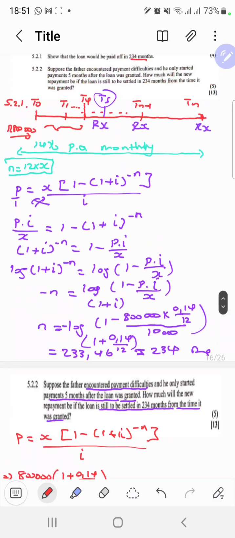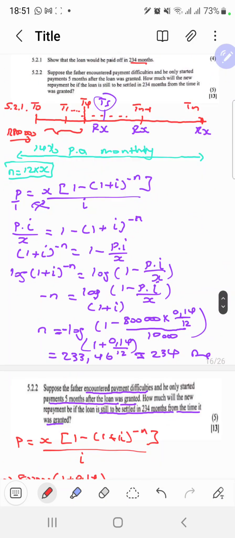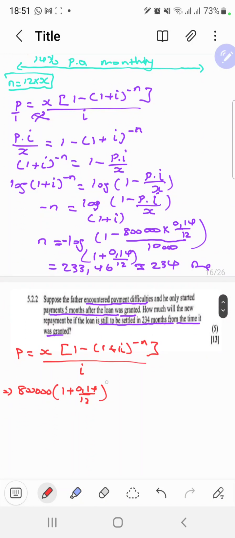But remember, we're going to lapse 4 months, so we ask how much interest we are going to get for those 4 months. That is exactly the total amount that we're going to be using as our loan. And then this is going to be equal to X into 1 minus 1 plus 0.14 over 12 to the minus. Remember, now the question is, what will be our N here?